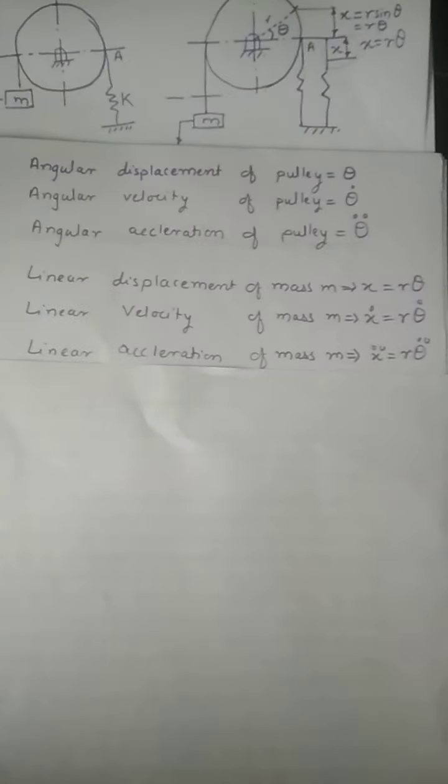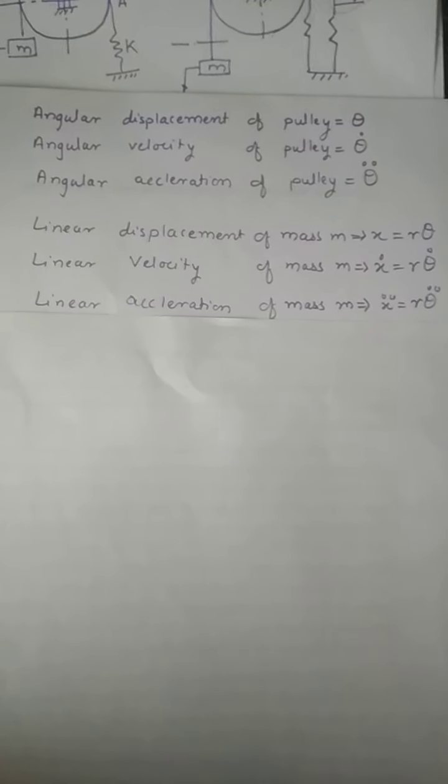You have to take differentiation. Then the linear acceleration of mass small m, x double dot, is r theta double dot. Please keep this in your mind: angular displacement theta, angular velocity theta dot, angular acceleration of pulley theta double dot, linear displacement of small m x, velocity x dot, and acceleration x double dot.